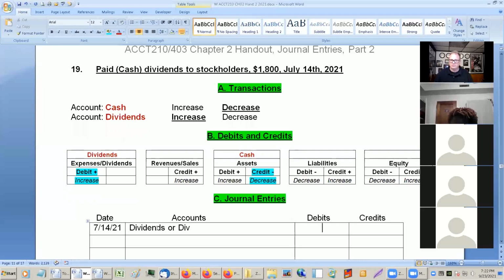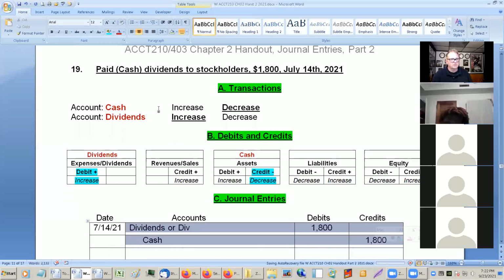There's nothing else that DIV can stand for. Cash. But again, whenever you run into a dividend, it's a debit. You know what the other side is. And truly, most of the time, the other side is going to be cash.